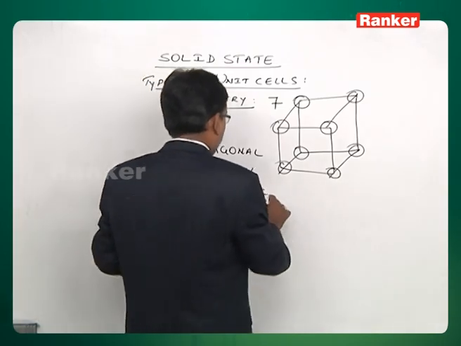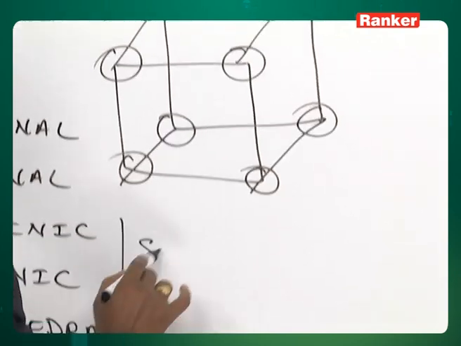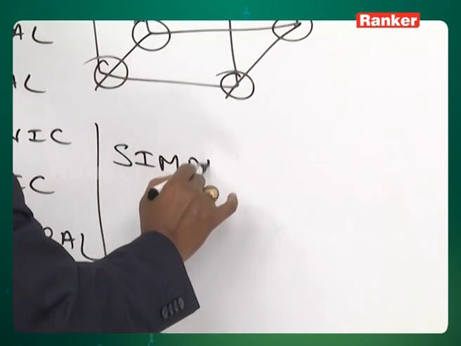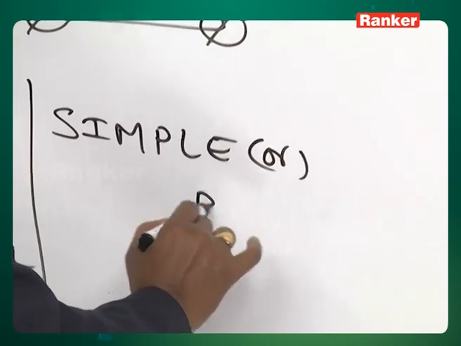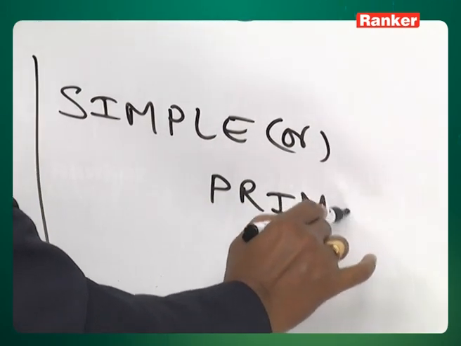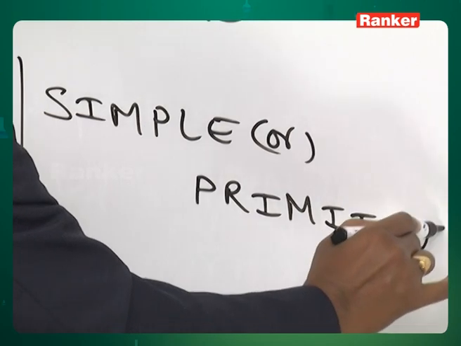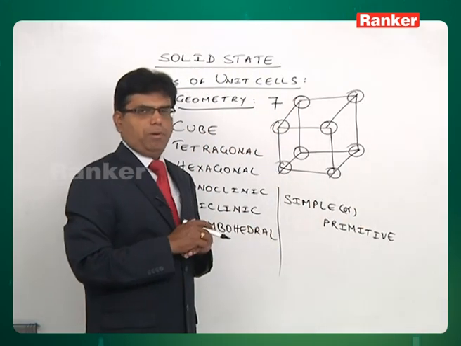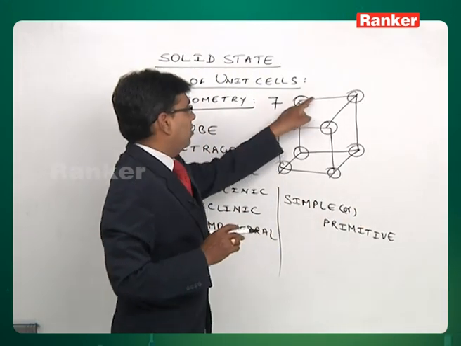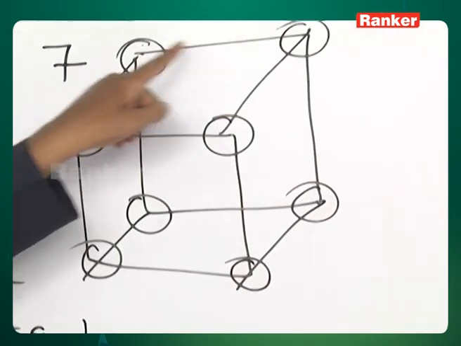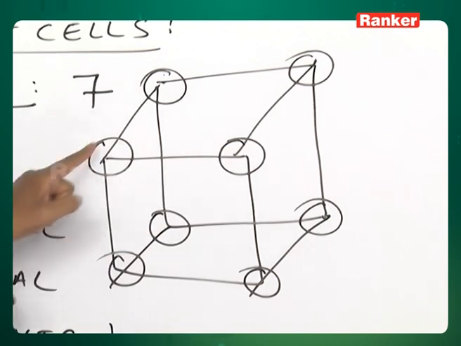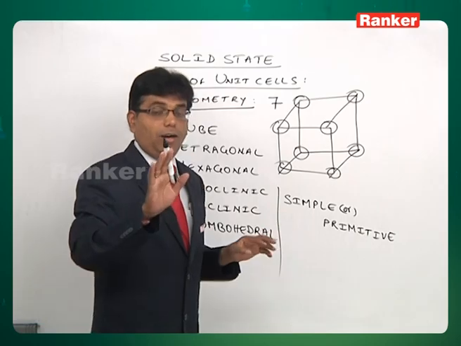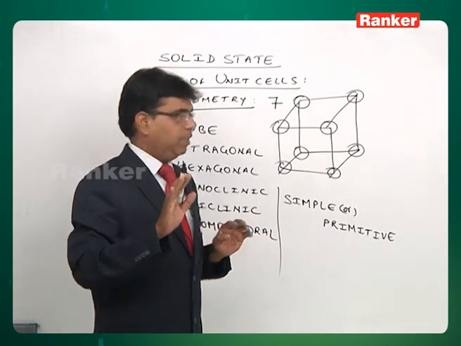So here what we have is simple or primitive unit cell, based on the positions at which the atoms or ions are placed. Here the atoms or ions are placed only at corners, right?